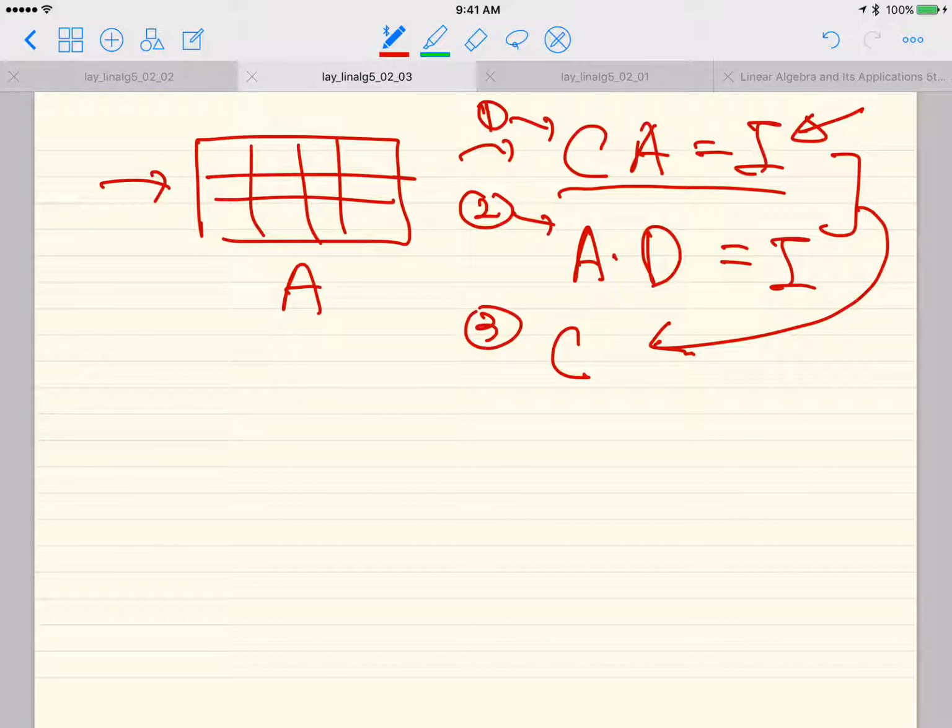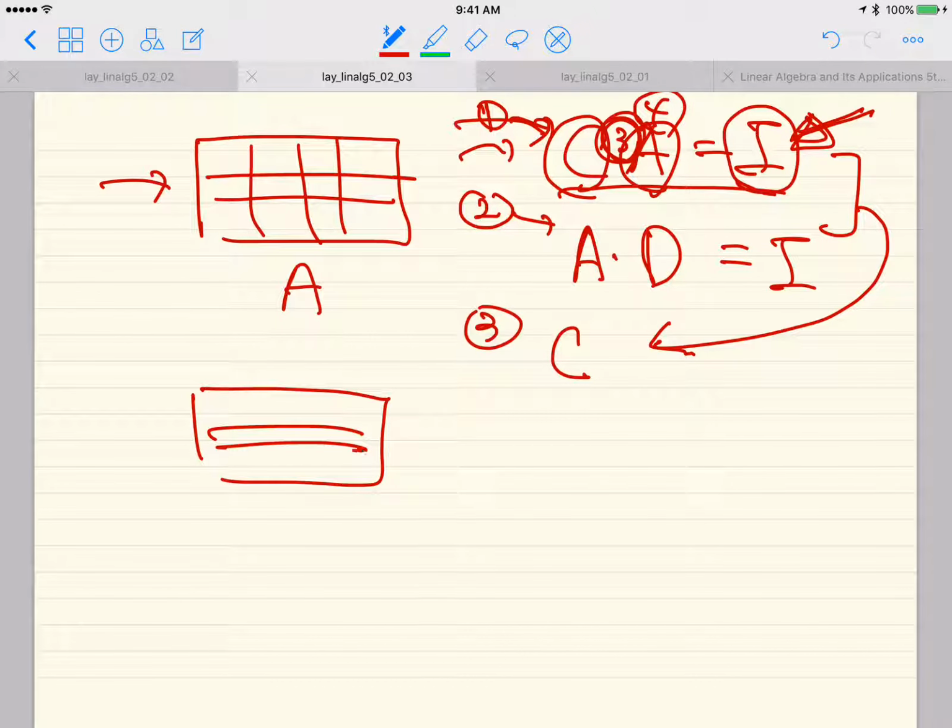So C times A, then what should be the size of I, the identity matrix? A is 3 by 4, right? And we can change this number 3 by changing the size of matrix C. But still, the number of columns should be 4, so that should remain as 4. The identity matrix should be a square matrix, so it is the 4 by 4 matrix.